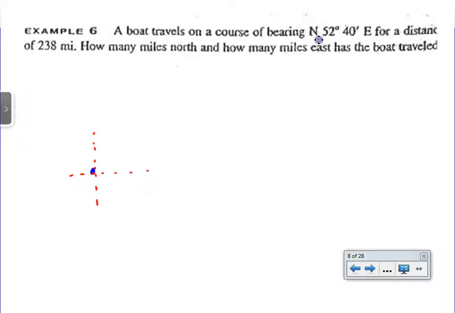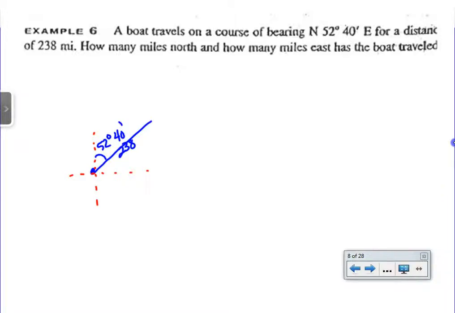I'm going to draw on my bearing line 52 degrees north east in direction. Approximately like this. So in the east direction off of north, this was 52 degrees 40 minutes. And it was for 238 miles.